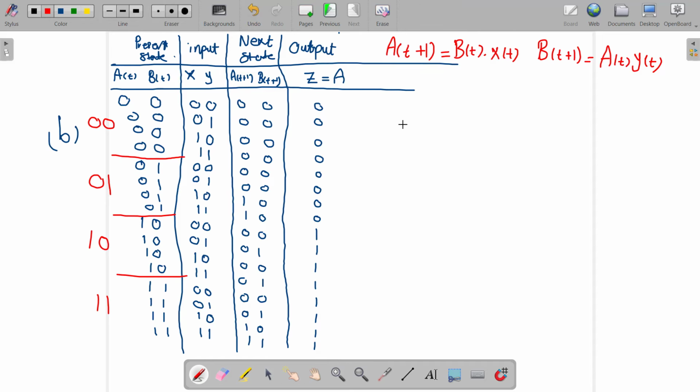So it means that we have to draw 4 circles like that. Write the corresponding states in this form here.